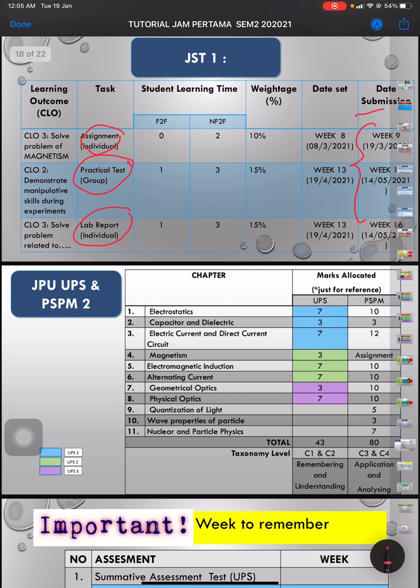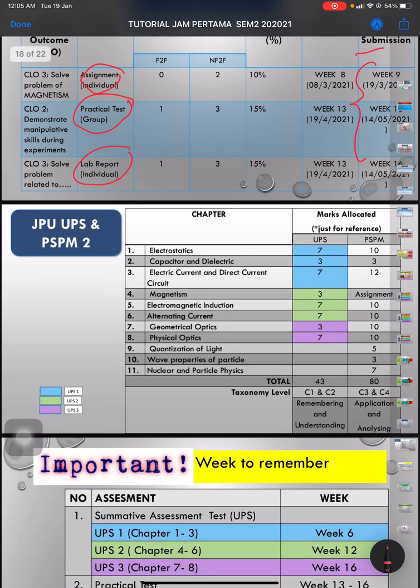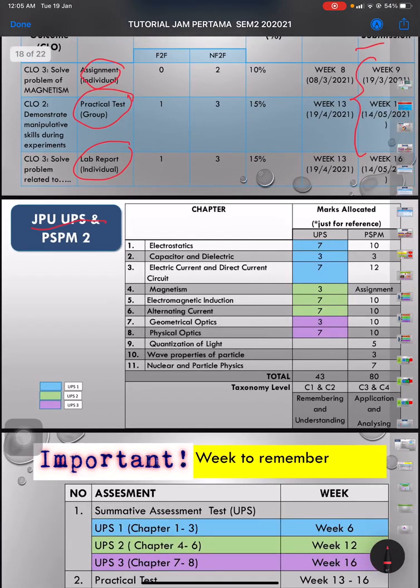So this is JPU for UPS. JPU means penentu ujian. I tak ingat apa J tu, penentu ujian kot. Means that kita nak tahu berapa markah yang terkumpul, for reference saja. Dia boleh berubah-ubah.